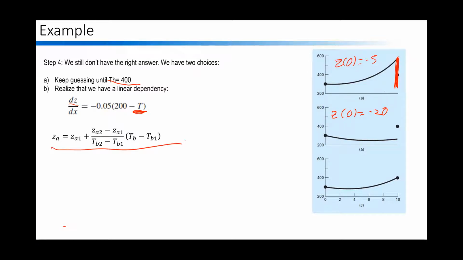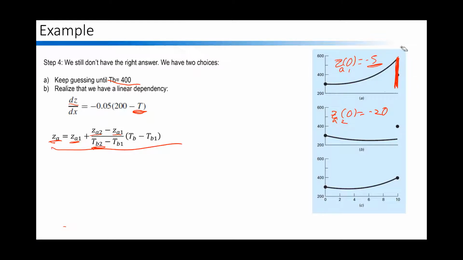So here's my linear interpolation formula. We can say that the true ZA that we want is our first prediction plus my second predicted ZA minus my first predicted ZA over the resulting, so this is my first prediction, we can call it ZA1, ZA2, and then I put in what those results are.